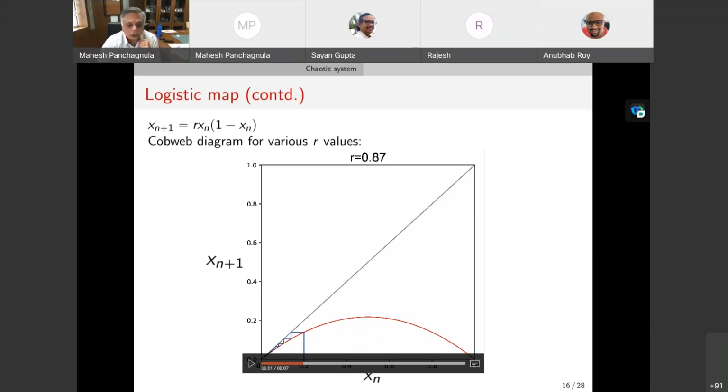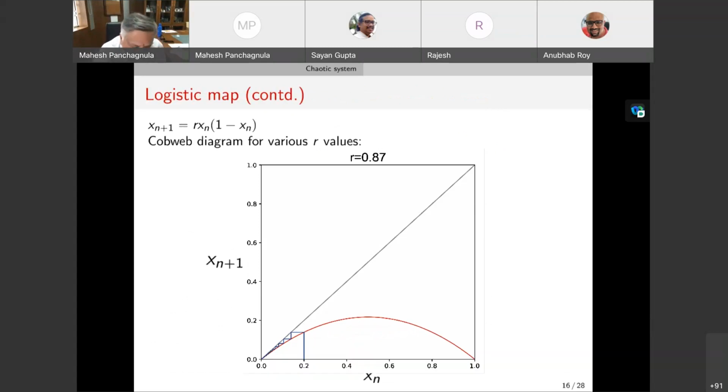Initially, the red curve is the graph of r times xn times (1 minus xn). I start with an initial condition, in this case 0.2, and then xn+1 would be the value of the function at that point.